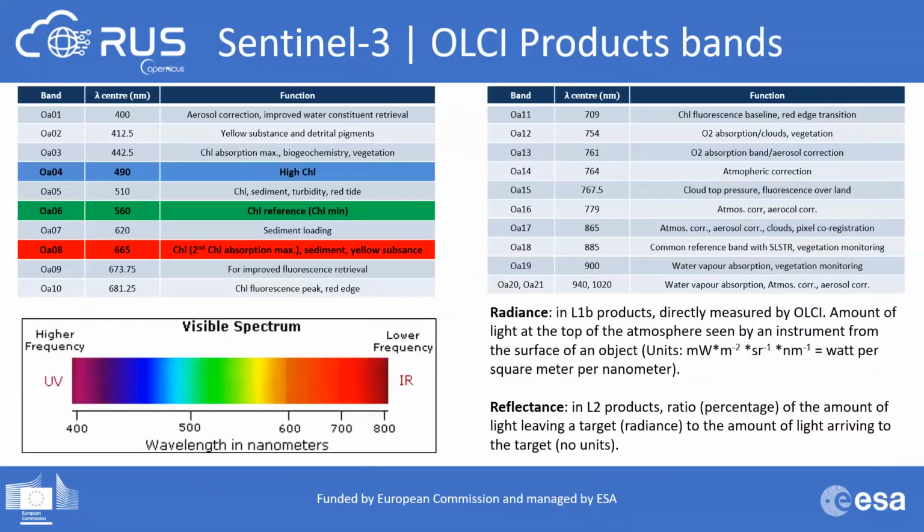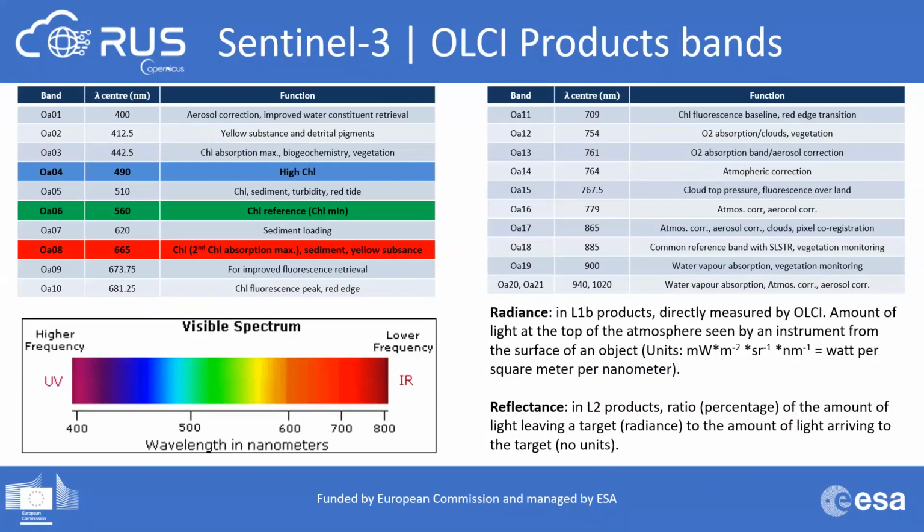So as I was saying earlier, OLCI has 21 spectral bands. So in the Level 1B products, you will find the radiances collected by these 21 spectral channels. These channels span the whole visible spectrum and a portion of the near-infrared spectrum. This table gives you the central wavelength of each channel as well as their function.